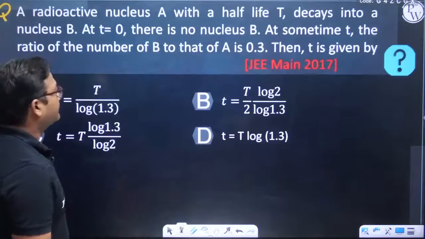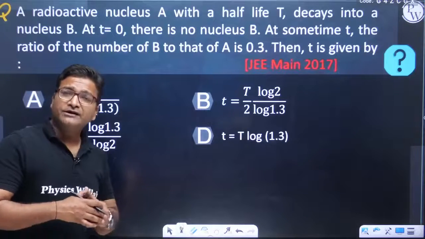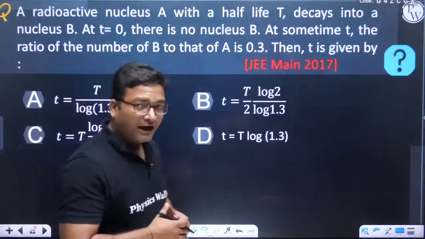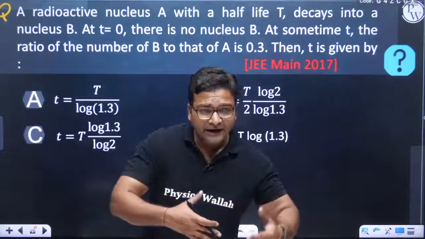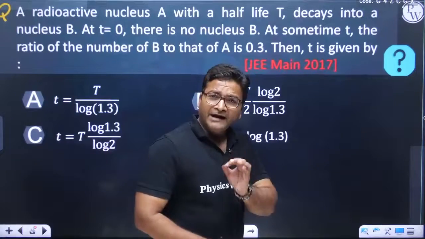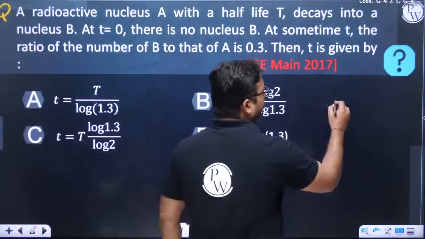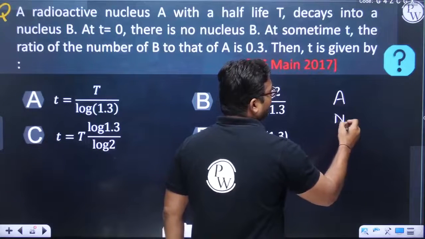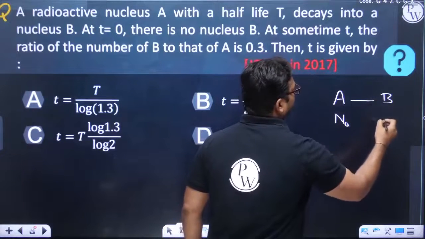So what do we have here? We have a radioactive nucleus A with half-life T, and it decays into B. At t equals 0, let us assume A is n naught and there is no B, according to the question.